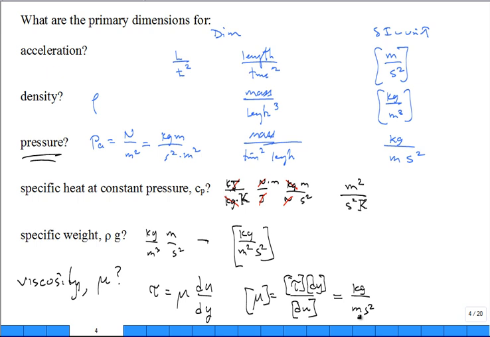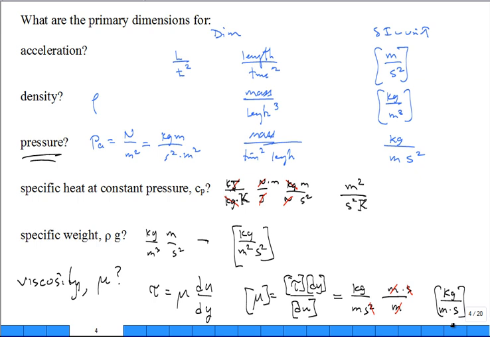We already did pressure. What about dy? It's a meter, a length change. What about du? It's a velocity or speed, so it's meters per second. And so we can get rid of that meter, get rid of one second, and we're left with a kilogram per meter second. One way of doing it.